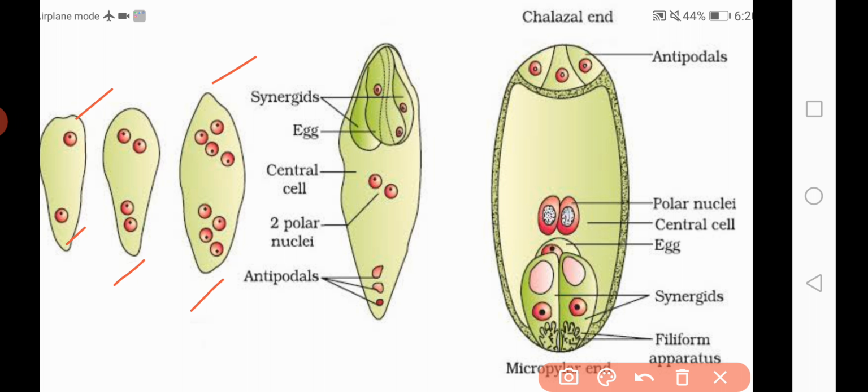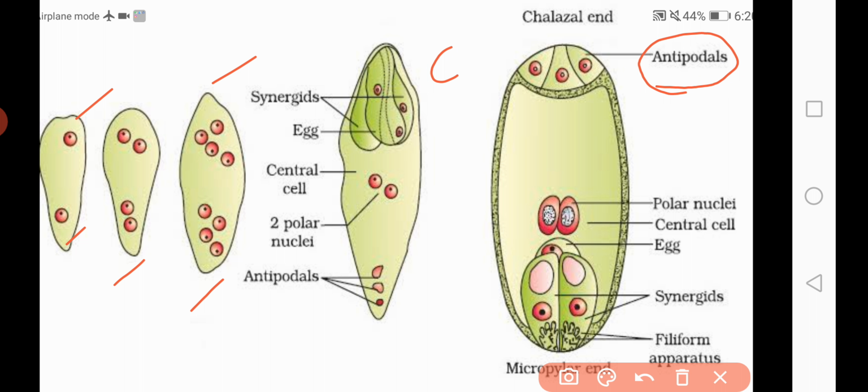Of these 8 nuclei, 3 nuclei move towards the chalazal end, and by wall formation they form the antipodals.